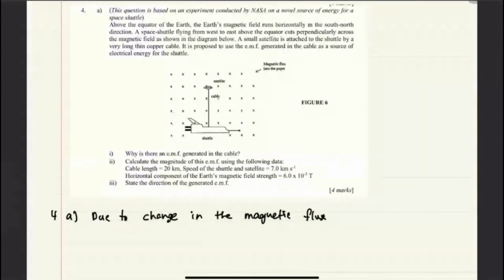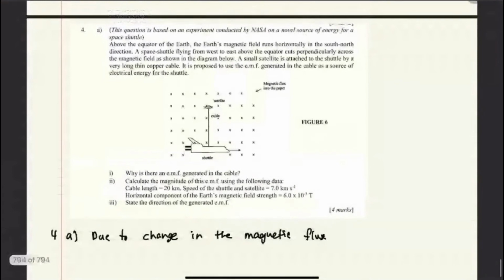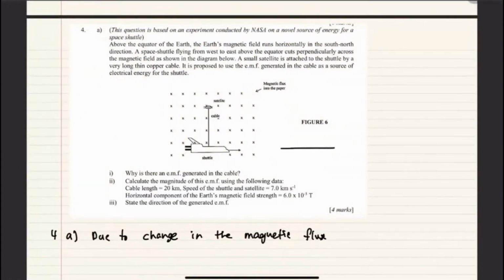Okay. So maksudnya ni, dia kata benda ni bergerak, space shuttle flying from west to east. So maksudnya dia bergerak macam ni. Ini adalah west, ini adalah east. Lepas tu dia kata yang magnetic field tu, sorry, in the south north direction.